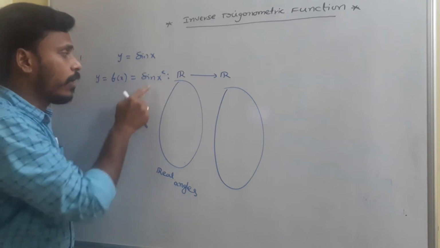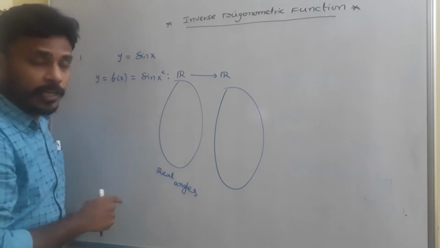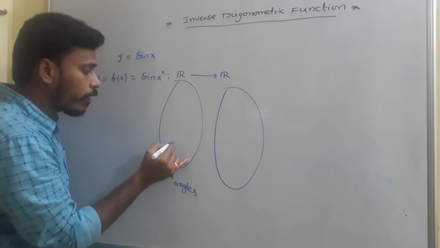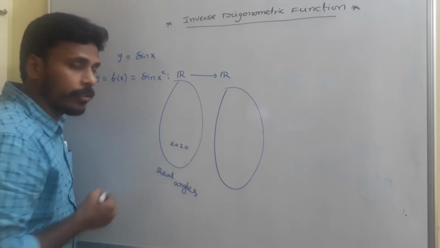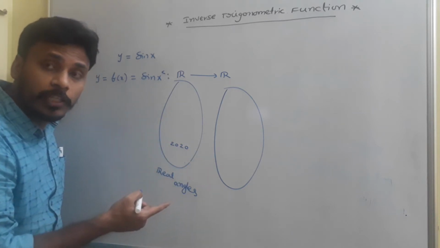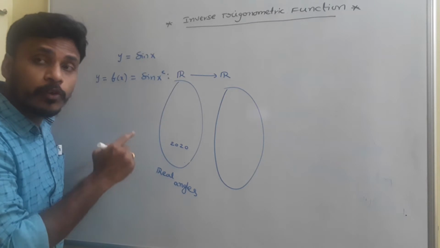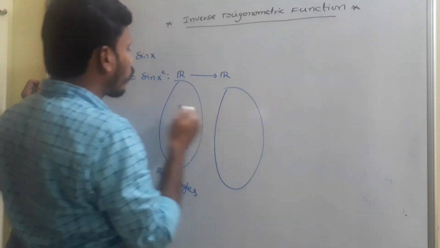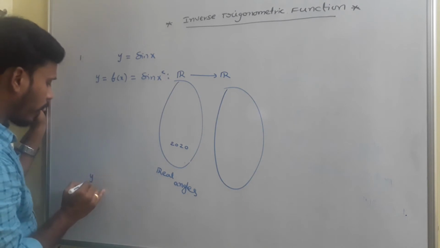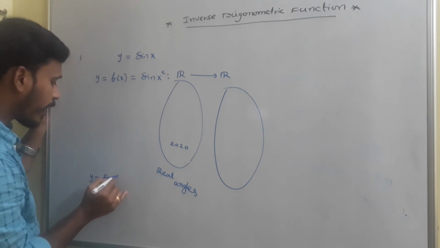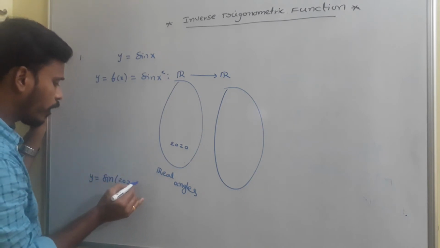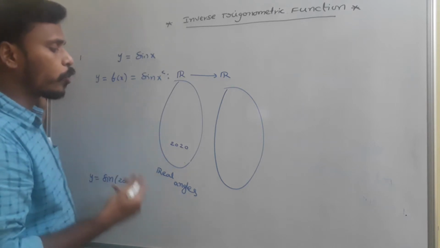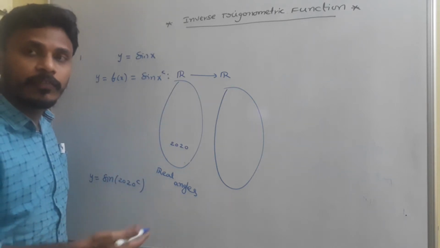We need to consider the function as sin x radians. Suppose your input is 2020, then what is your output? Sin of 2020 radians. If you give 2020 in the place of x, then y is equal to sin of 2020 radians or 2020 degrees.